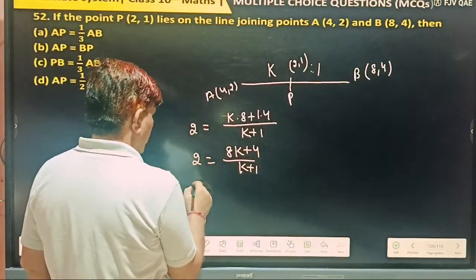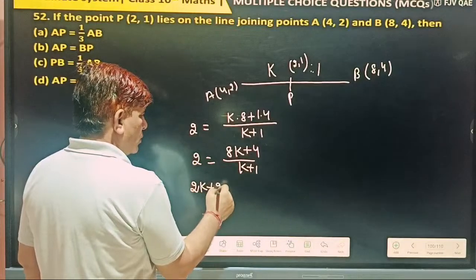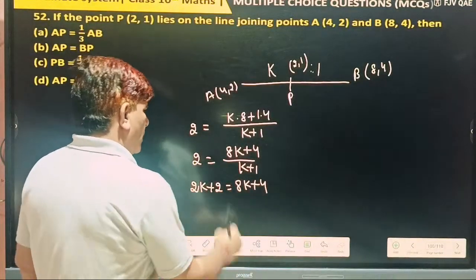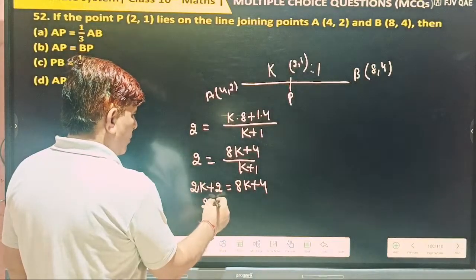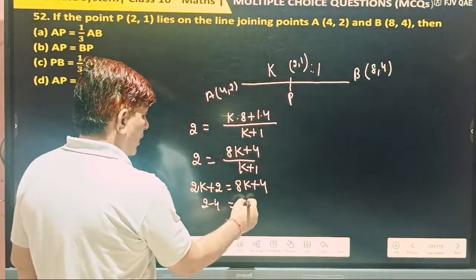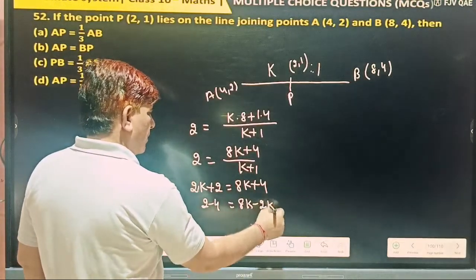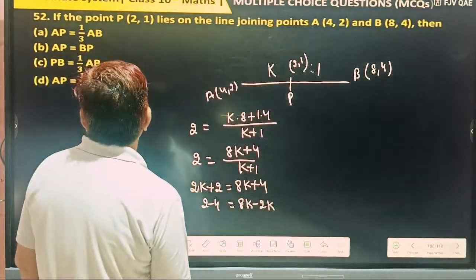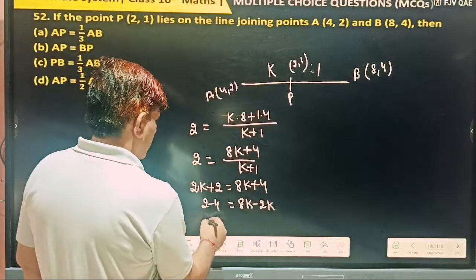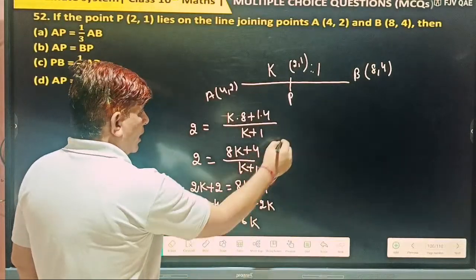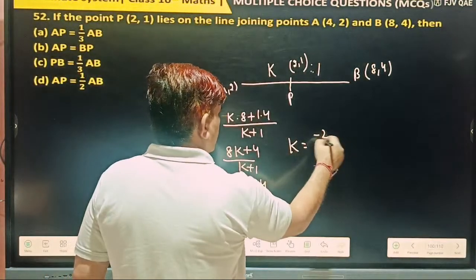K plus 1 bring to this side: 2K plus 2 equals 8K plus 4. So take to this side: 2 minus 4 equals 8K minus 2K. What's 2K? So minus 2 equals 6K. It means K equals minus 2 by 6.